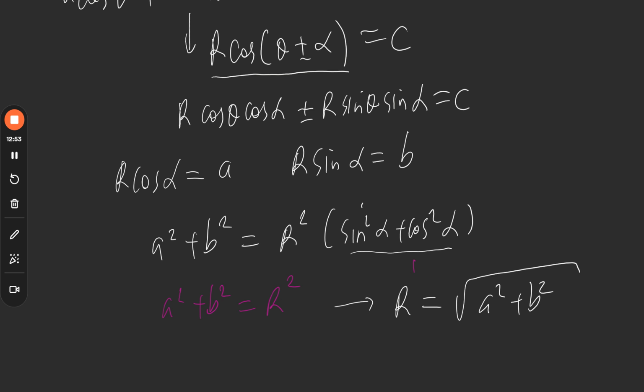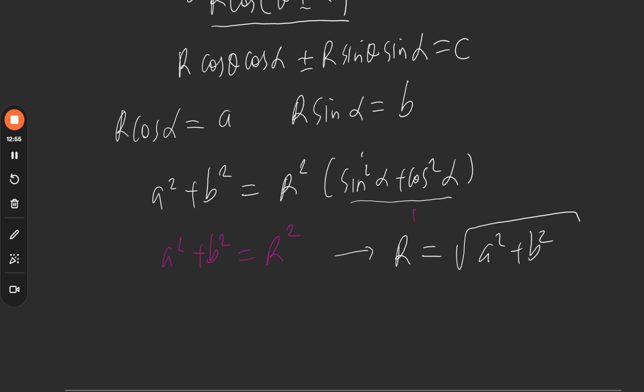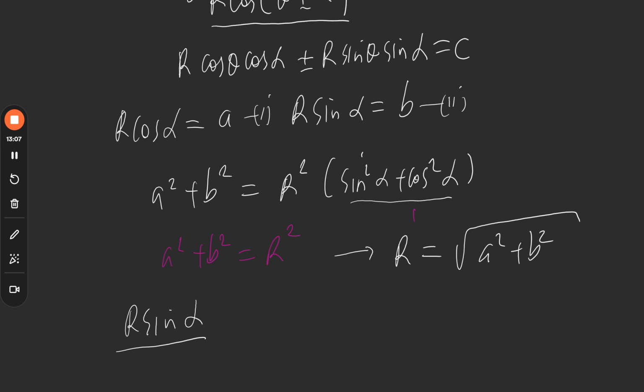And also, what about alpha? From the two equations, this being the first equation and the second equation, taking r sine alpha divided by r cosine alpha, this will be equal to b over a, and this actually gives us tan alpha equals b over a.